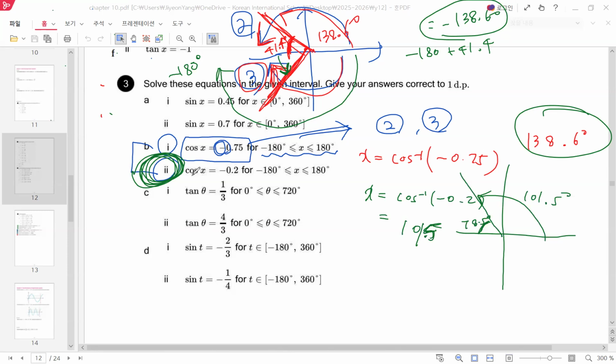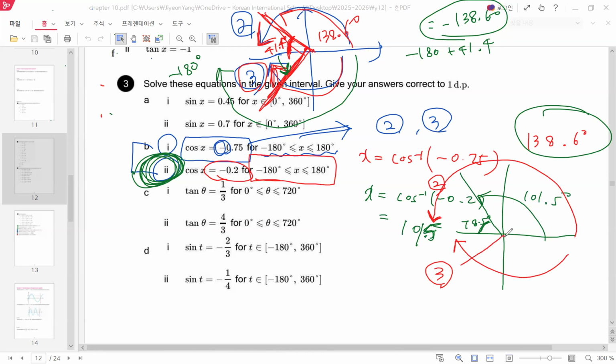So again, the cosine value is negative. It means the second quadrant and the third quadrant. And since the angle range is given as negative 180 to 180, it means a half turn in the positive direction and a half turn in the negative direction. So for the third quadrant, it should be negative 180 minus 78.5 or plus 78.5.